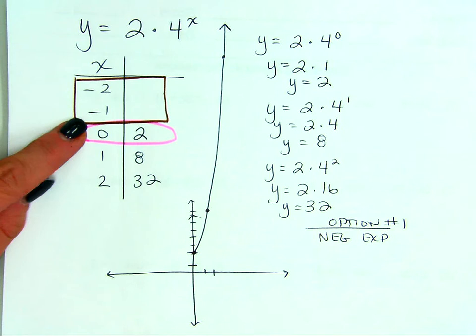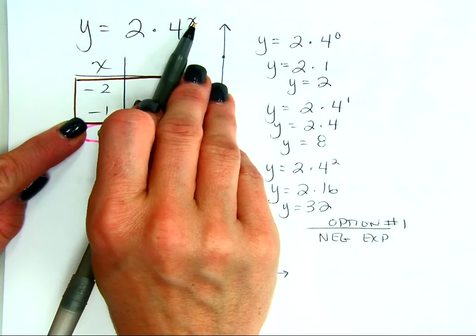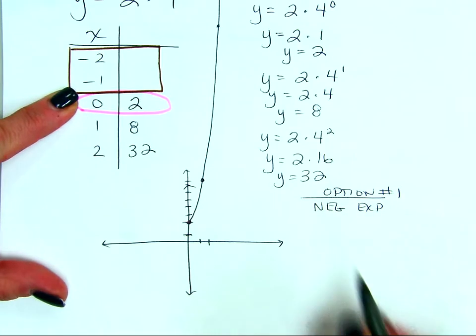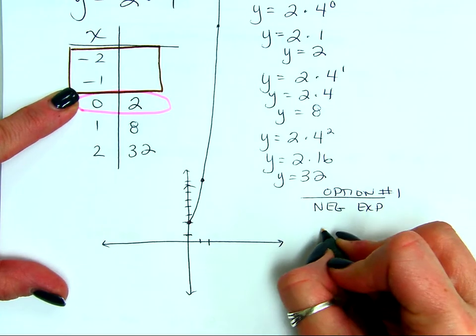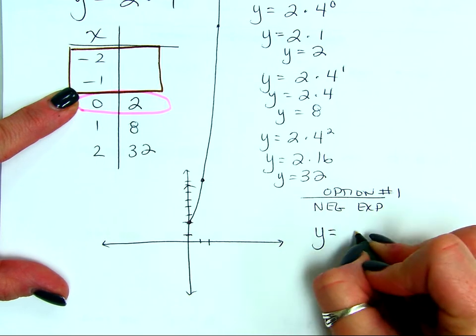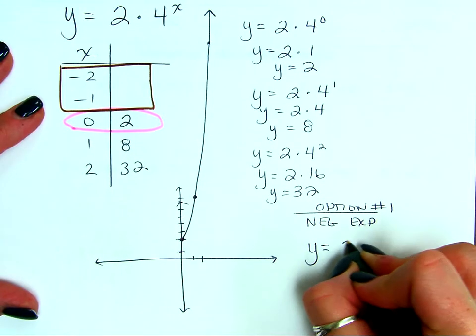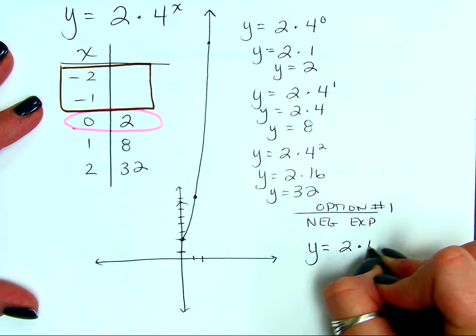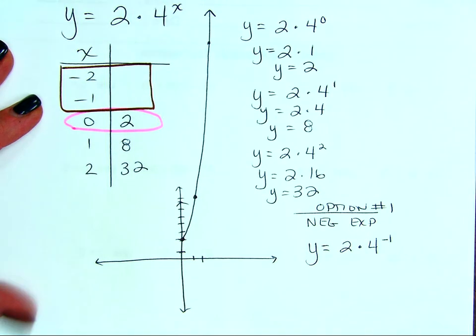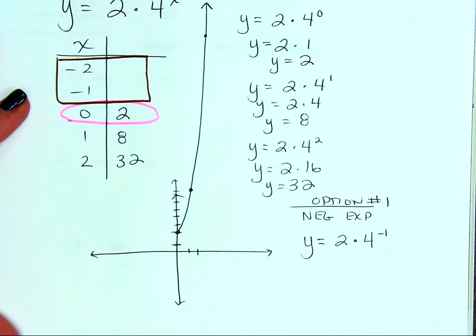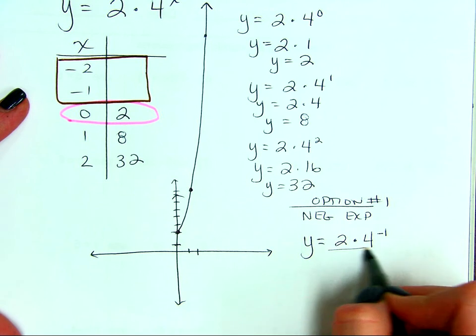I have to take that negative 1 and put it there, which is kind of why I had to show you something a little earlier. So your y value will be 2 times whatever 4 to the negative first power is. Do you remember when I showed you on the previous video what to do here? You kind of create a fraction here.